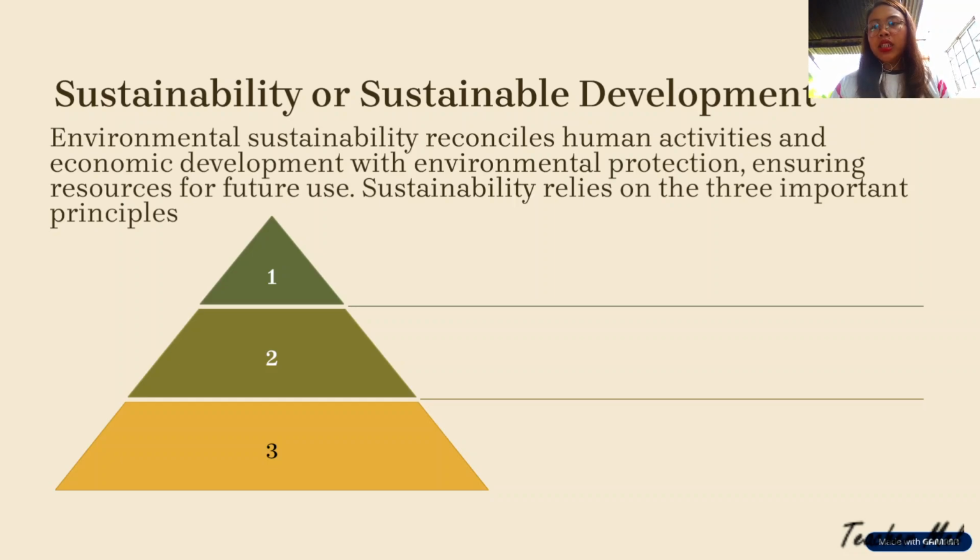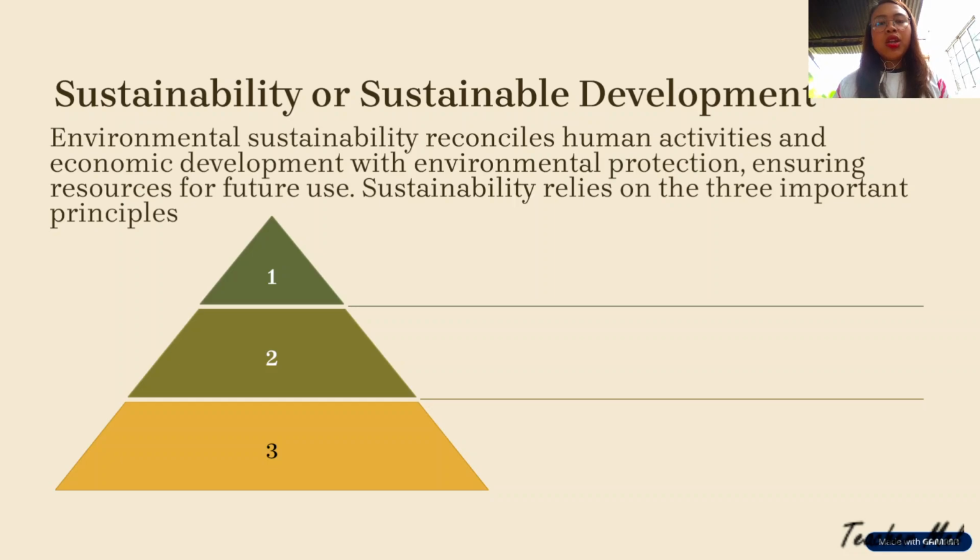The last part is sustainability, or sustainable development. We have what we call sustainable development goals. It reconciles human activities and economic development with environmental protection, ensuring resources for future use.